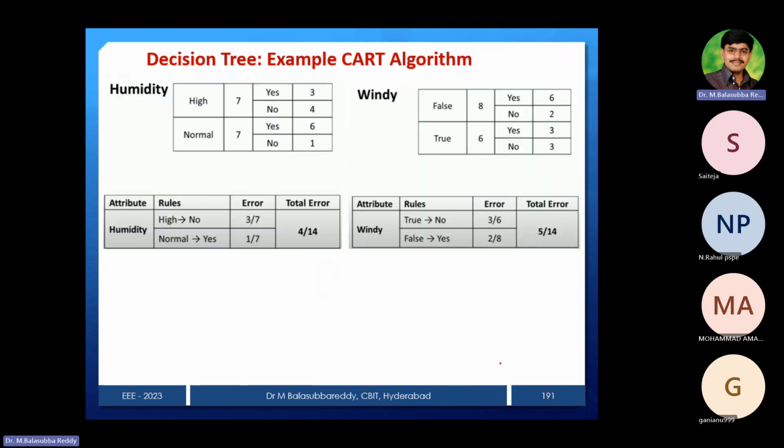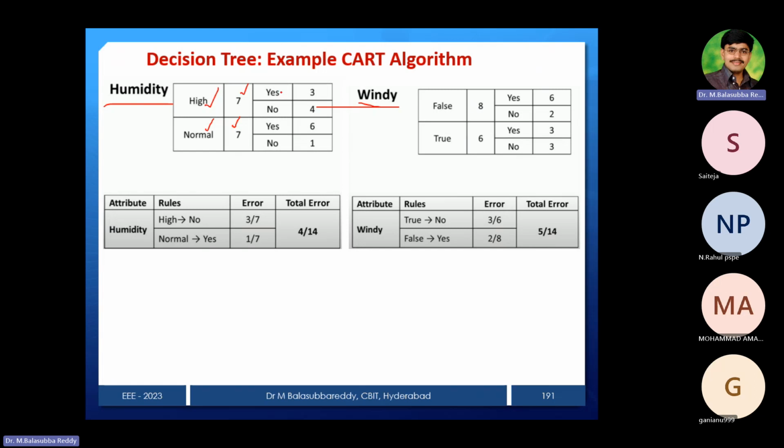Now, the third one you can see is humidity and the fourth is windy. For humidity, two values are given, high and normal. So high is classified 7 and normal is classified 7, as per the target attribute.